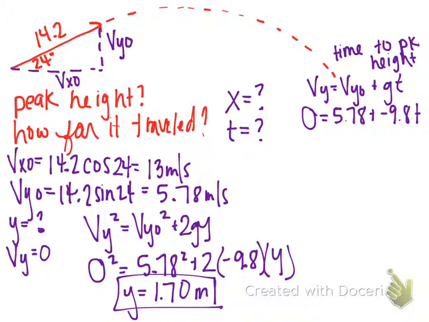That gives us a time at peak height of 0.59 seconds. And don't forget that we need to multiply by 2. So our total time for our entire trip is 1.18 seconds.